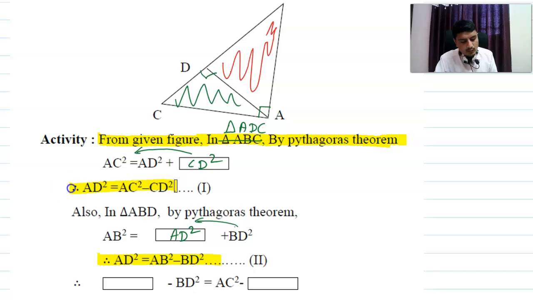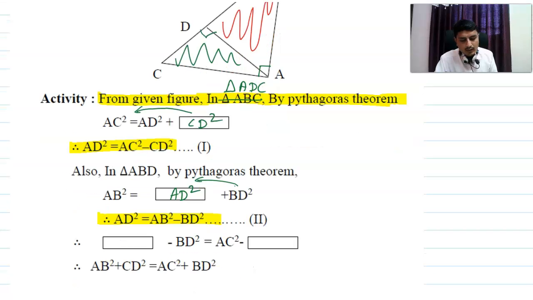Now let's have a look at equation number 1 and 2. Those two equations have the same LHS, that is AD square, so we can equate their RHS. AB square minus BD square equals AC square minus CD square.